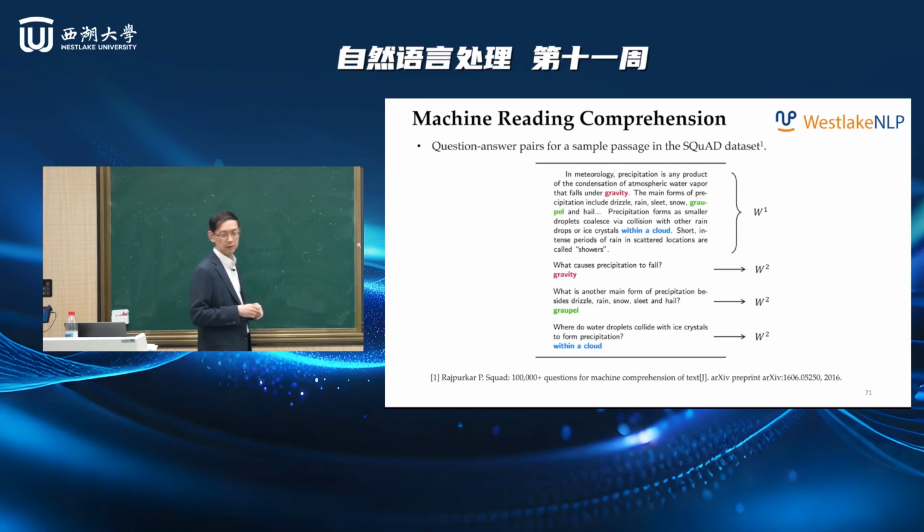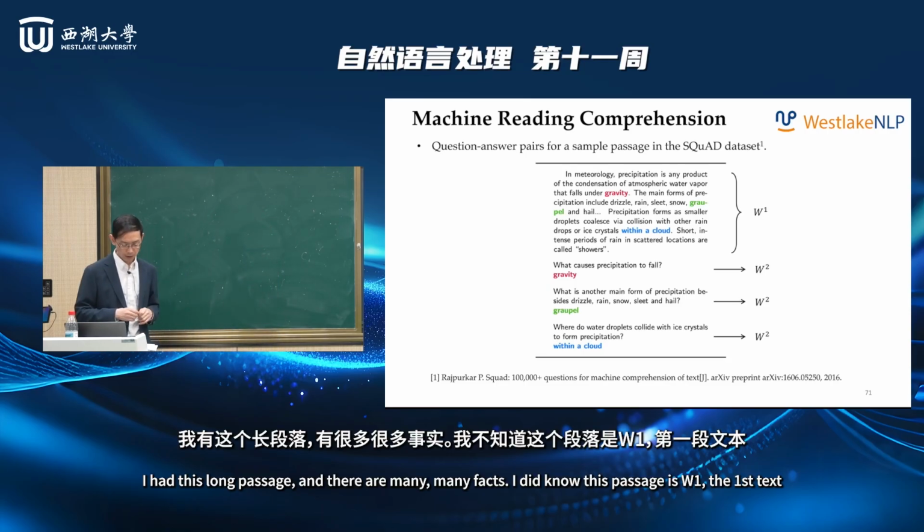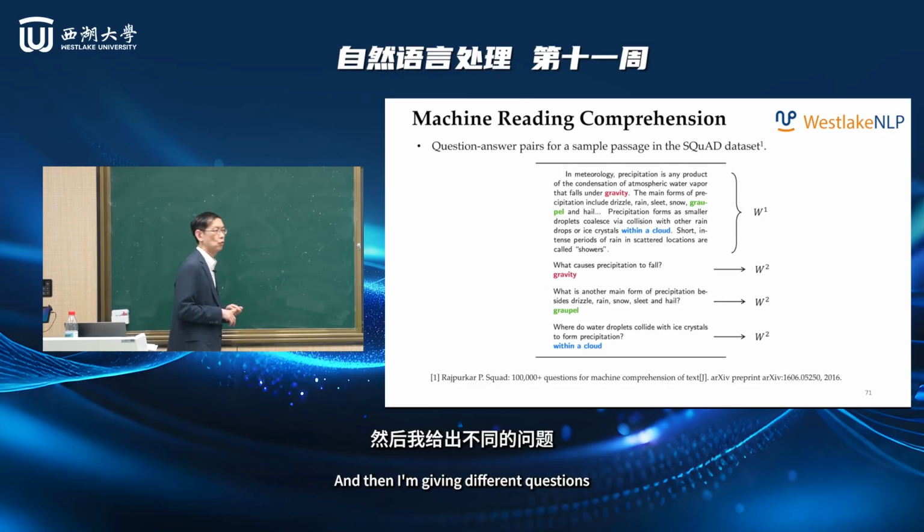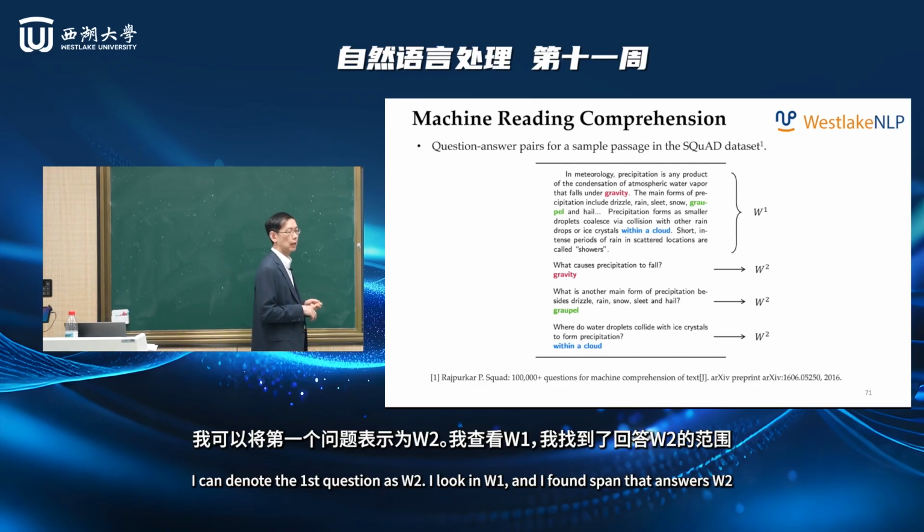All right. I had this long passage, and there are many, many facts. I denote this passage as W1, the first text. And then I'm given different questions. I can denote the first question as W2.